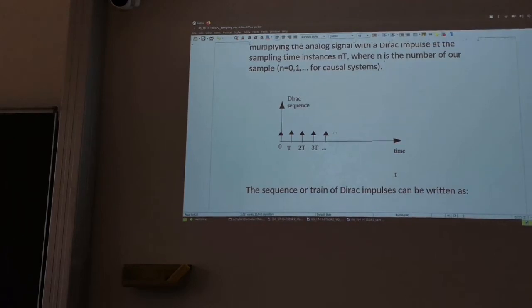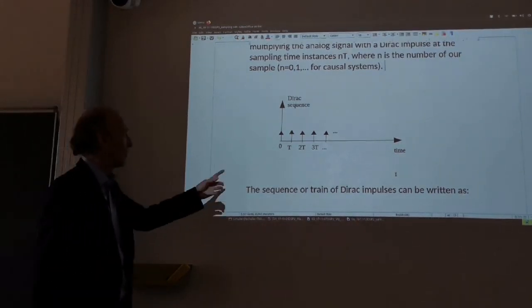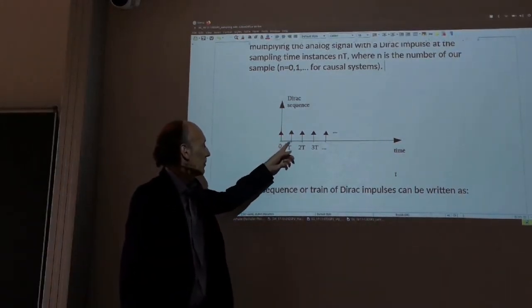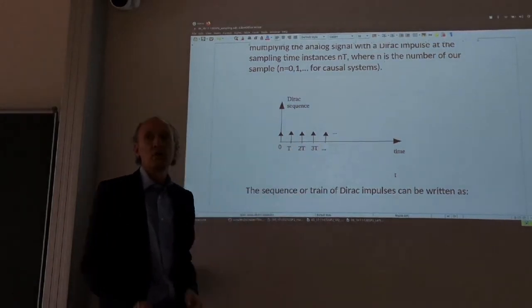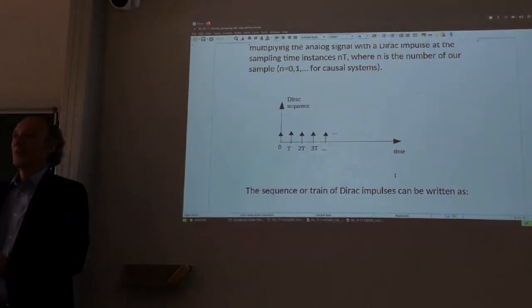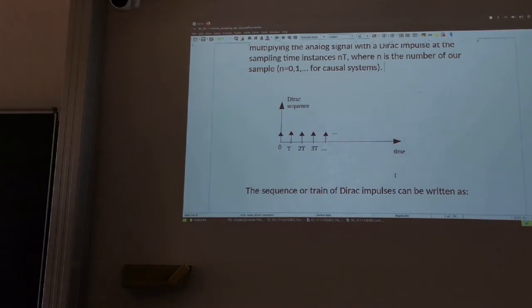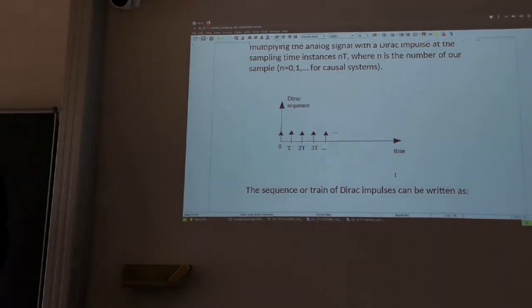So this would be the sequence of Dirac pulses, starting at 0, and at integer multiples of capital T. Does everybody remember what a Dirac pulse is? What's the integral over a Dirac pulse?